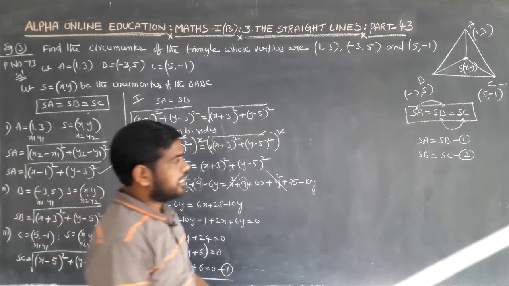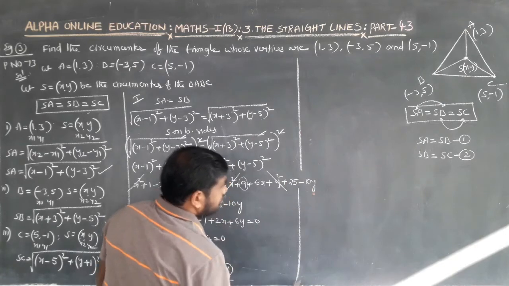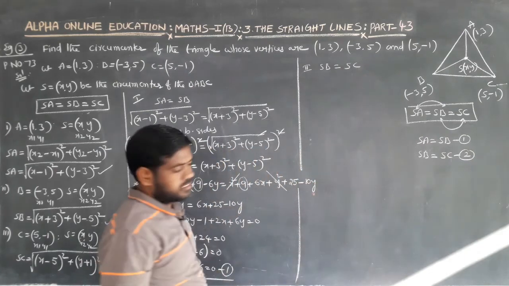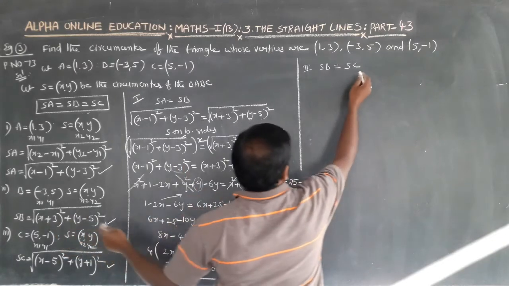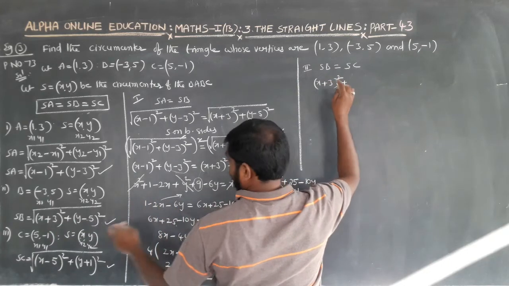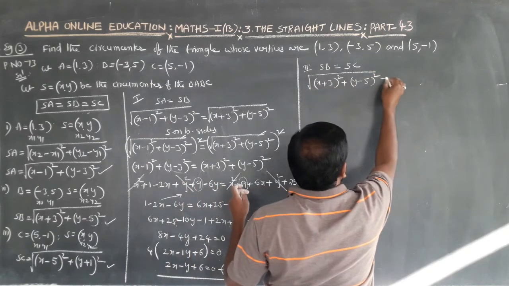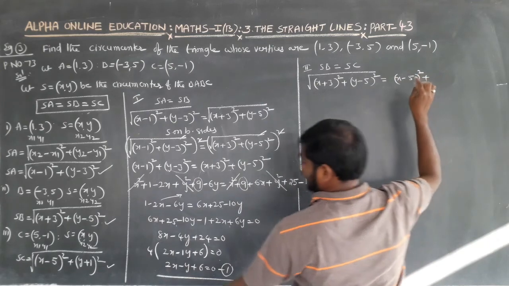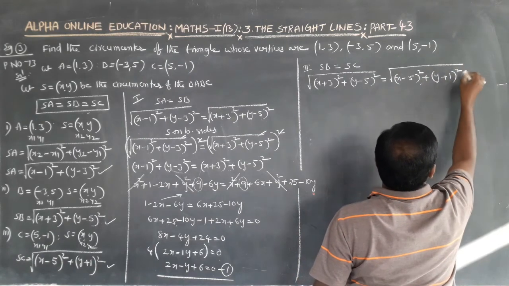Again, equating SB equal to SC. SB is equal to under root of (x plus 3) whole square plus (y minus 5) whole square, equal to SC, under root of (x minus 5) whole square plus (y plus 1) whole square.